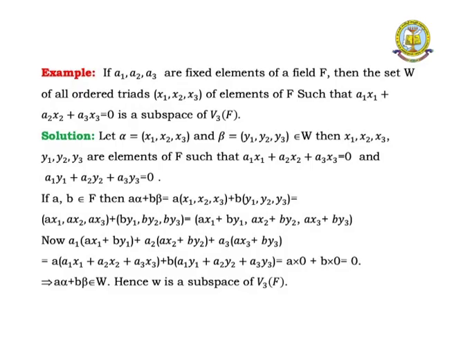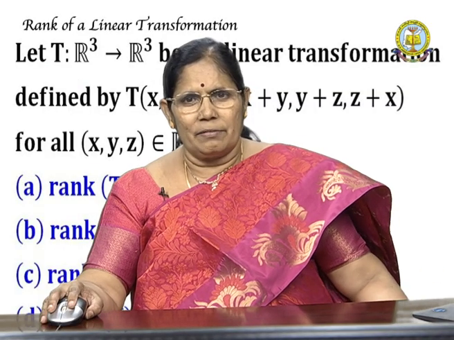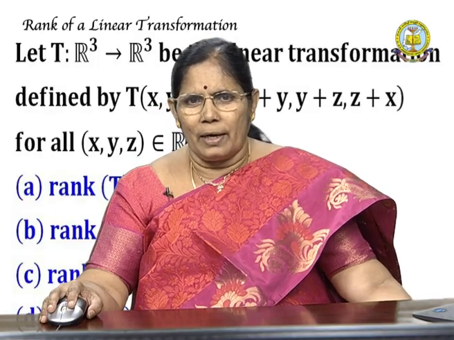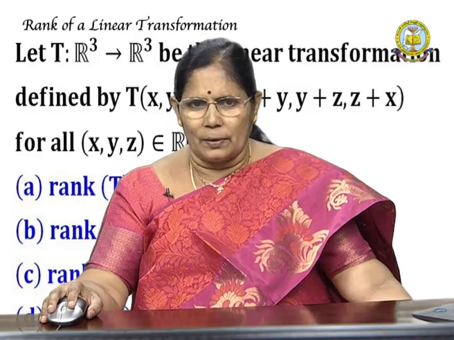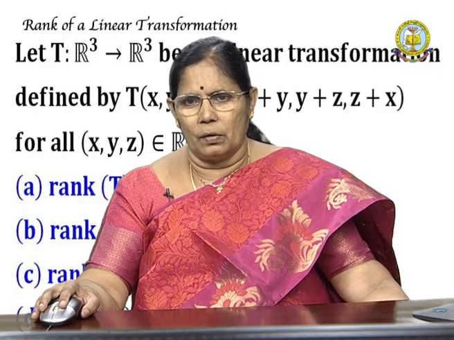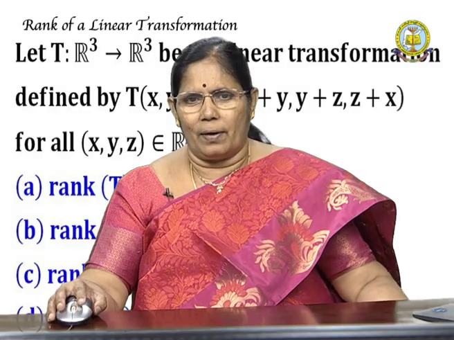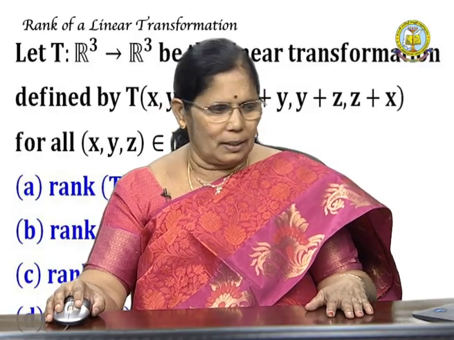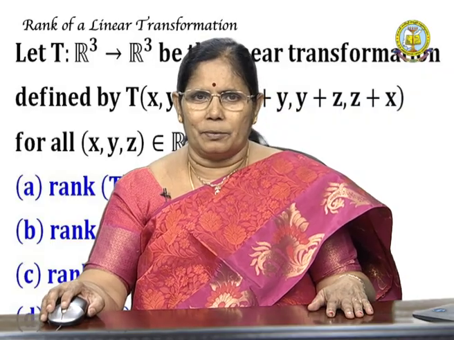That means whenever you have a1 x1 plus a2 x2 plus a3 x3 is 0, then x1, x2, x3 is in W. So, here also you have a alpha plus b beta is 0. So, a alpha plus b beta belongs to W. What is the conclusion now? W is a subspace of V.